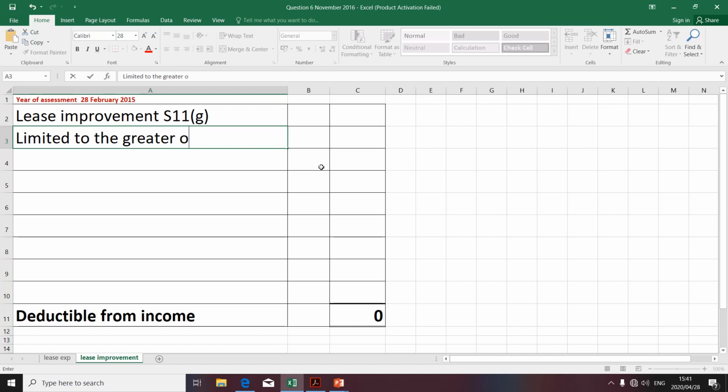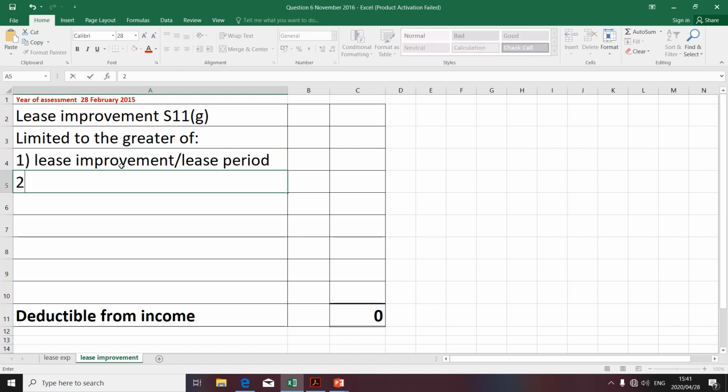Number one, the first one would have been lease improvement divided by the lease period, but we know there are adjustments that we need to factor in.